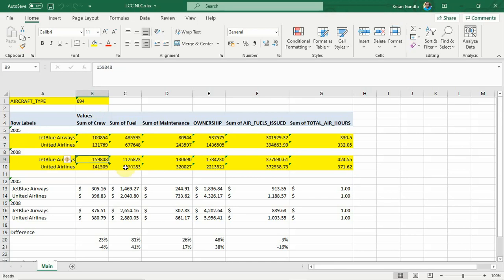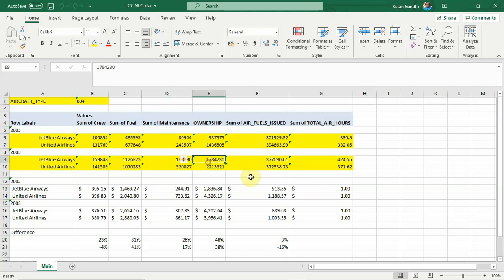Now let's look at JetBlue Airways for the year 2008. Now it was 1 million for the crew cost, approximately, more than all that. I'm just giving a round figure, an approximation, 1 million, and whatever thousands added to that. And the fuel cost was 11 million, and then the maintenance cost was 1 million.